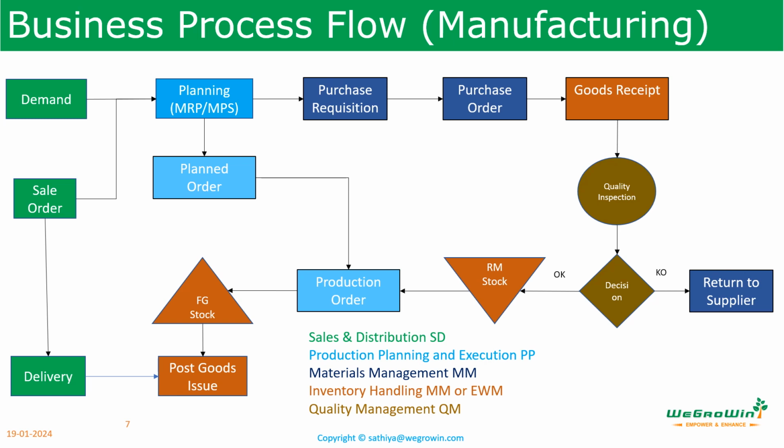Here we see the flow from demand, coming from the sales and marketing team, orders coming from customers, sales and operations planning, MRP, master scheduling, purchase requisition, purchase orders, planned order, production orders, goods receipt, goods issue, quality management, inventory management, delivery, etc. Here we can see how critically various modules like SD, PP, MM, QM, extended warehouse management, and FICO are integrated. Any change in a specific parameter, transaction, or process in one module will affect all the processes in other modules.